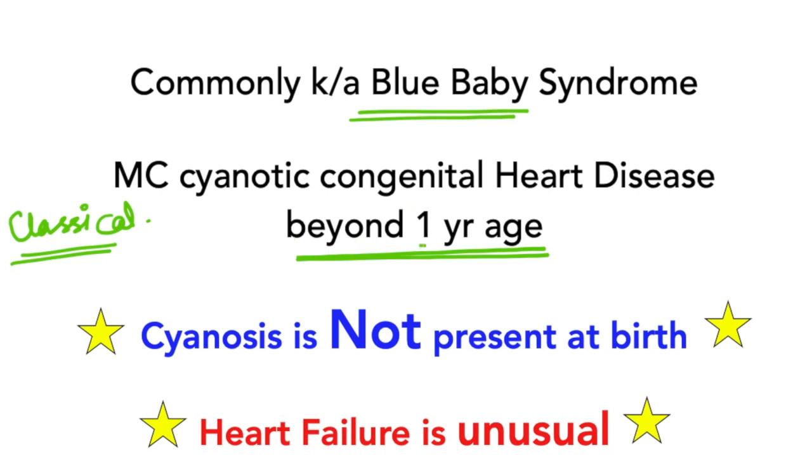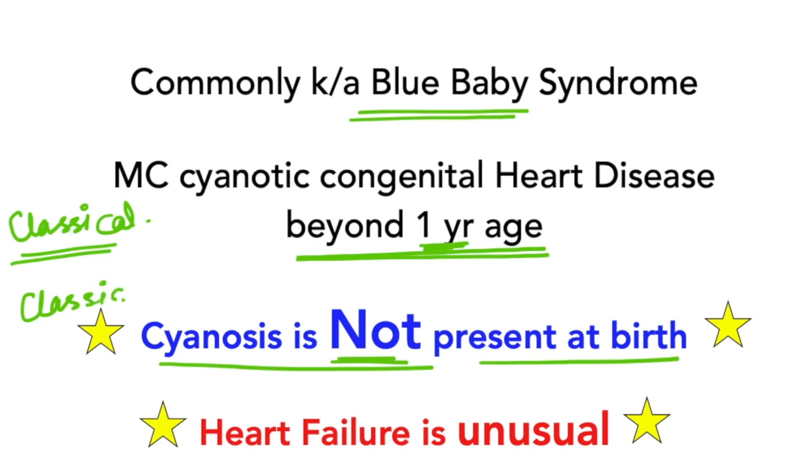That is, the patient usually presents after 1 year of age. Cyanosis is not present at birth. Again, this is the story for classical tetralogy, not for the extreme forms of tetralogy like tetralogy with pulmonary atresia.